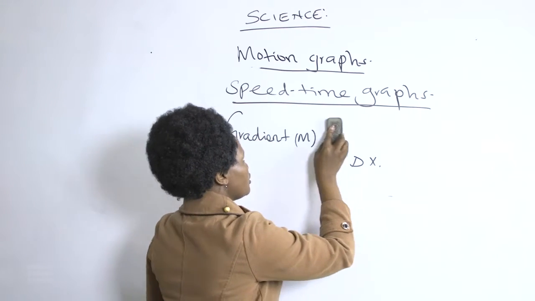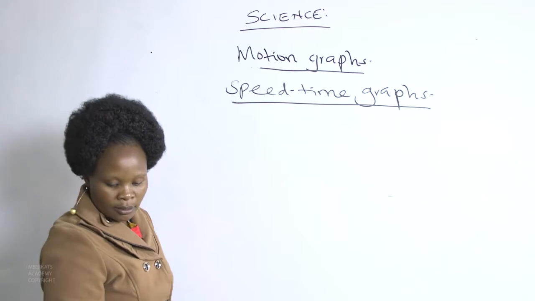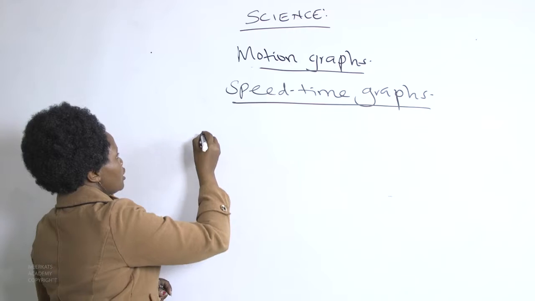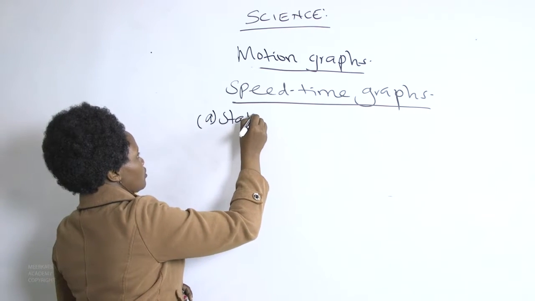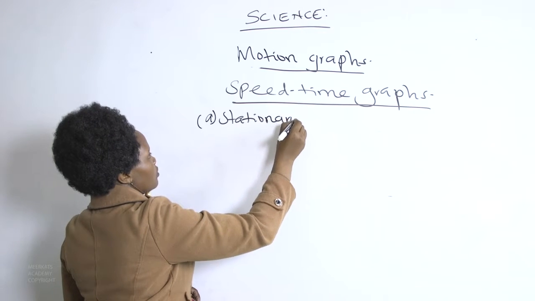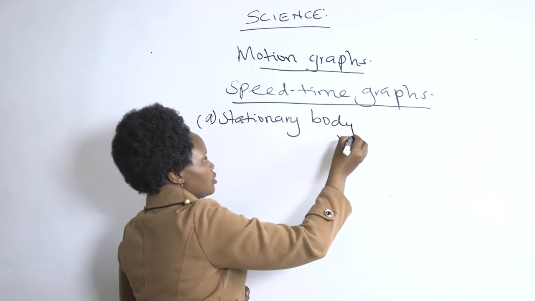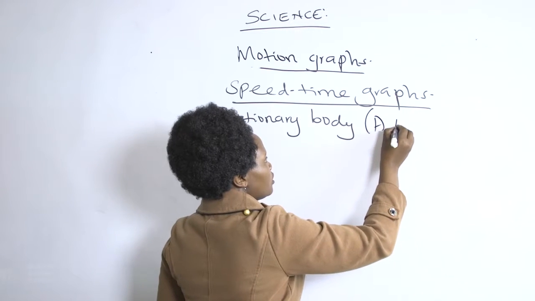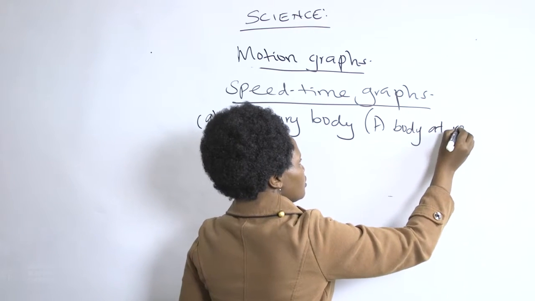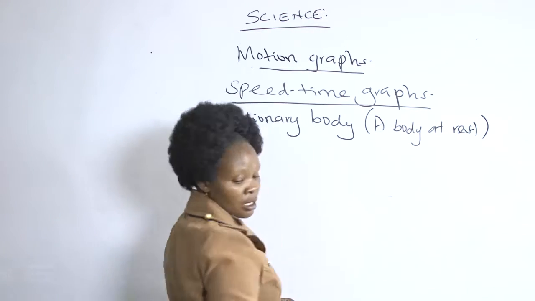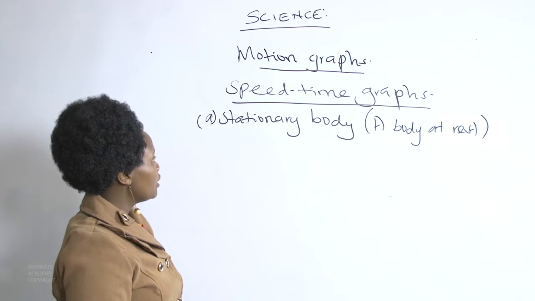Now, we look at the different graphs that we could have, and number one is that of a stationary body, or what we call a body at rest.